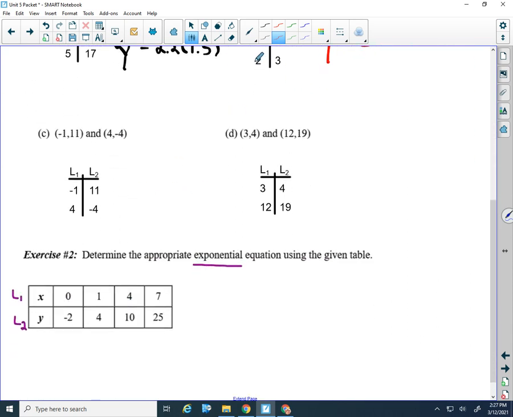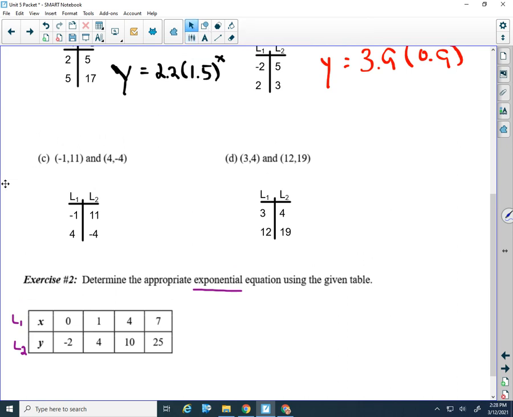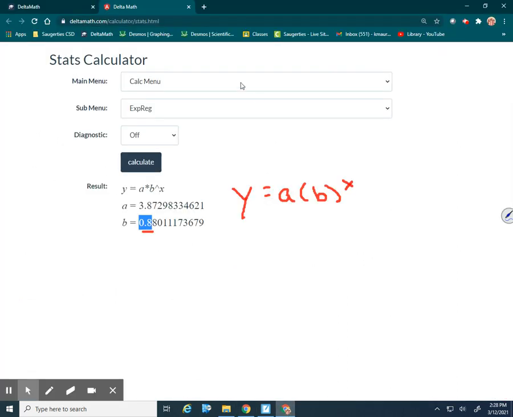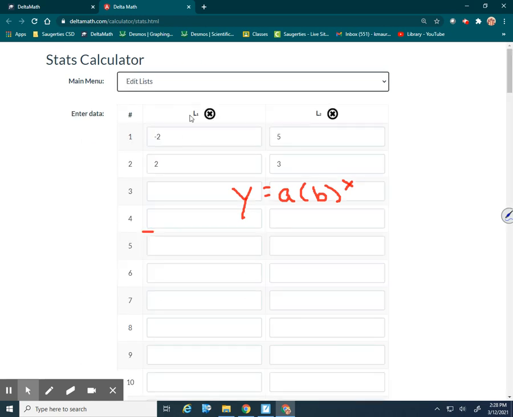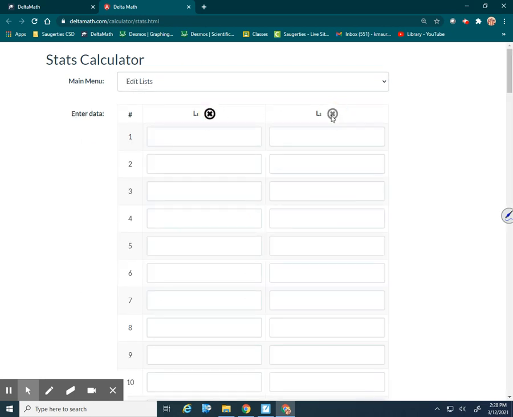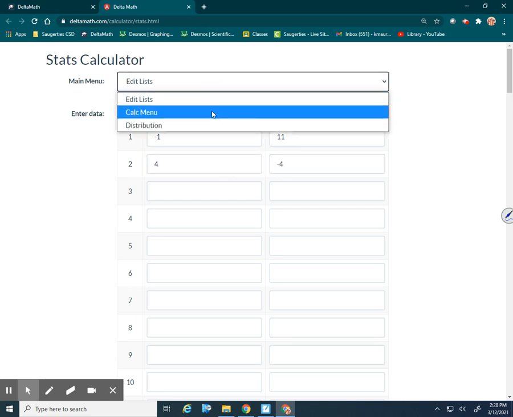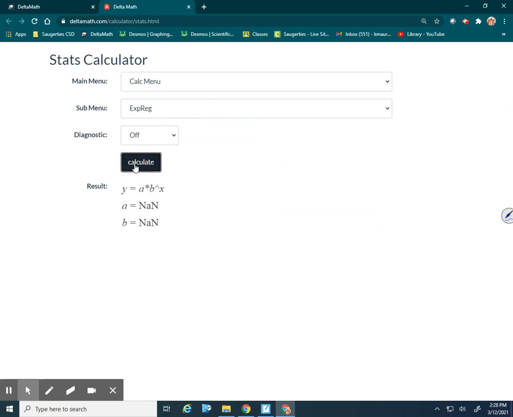Okay, letter C. So negative 1, 11 and 4, negative 4. Back to Delta Math, back to edit. I'm just going to clear these like that. So negative 1, 11, 4, negative 4. Calc, exponential's on.